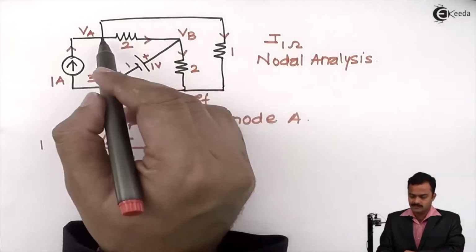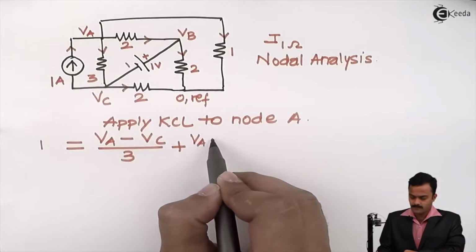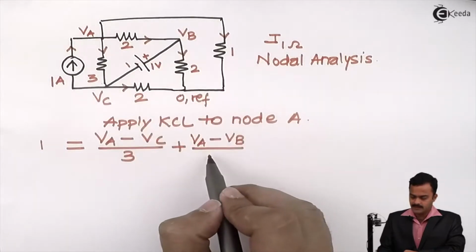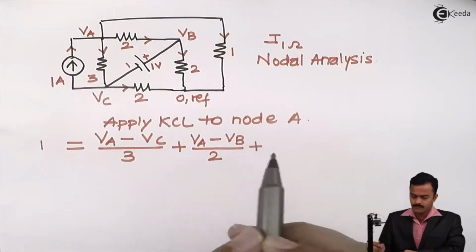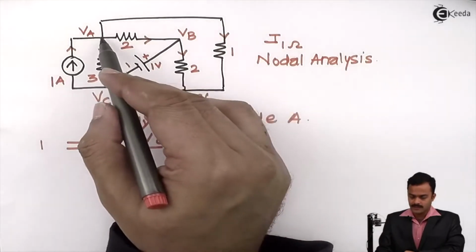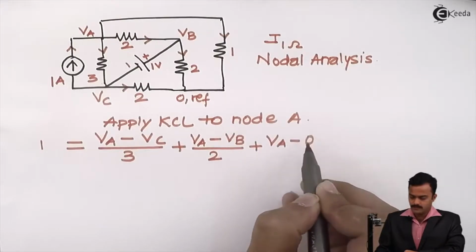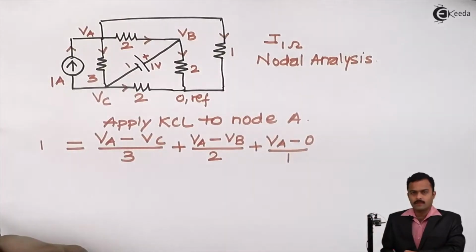This outgoing current started at A ending at B, resistance is 2 ohm. For this 1 ohm started at A ending on reference, so it's VA minus 0 divided by 1.